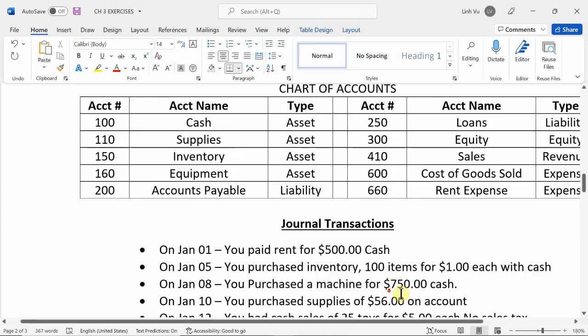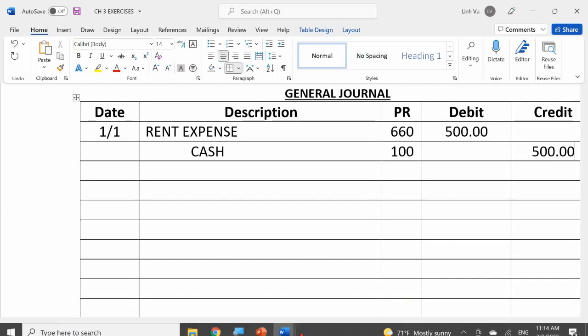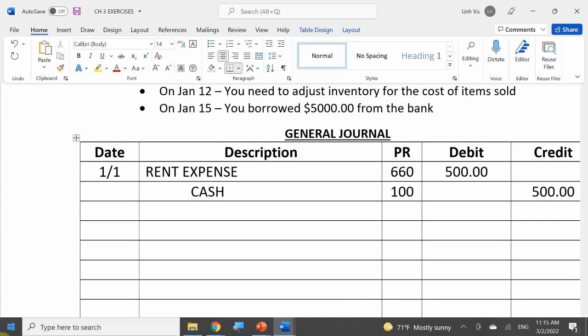So let's go ahead and journalize it in our journal, okay? So the date that it happened was January 5th, okay? Now, since we determined my debit is going to be inventory, right? And my credit is going to be cash, right? Which is account number 150 and 100.